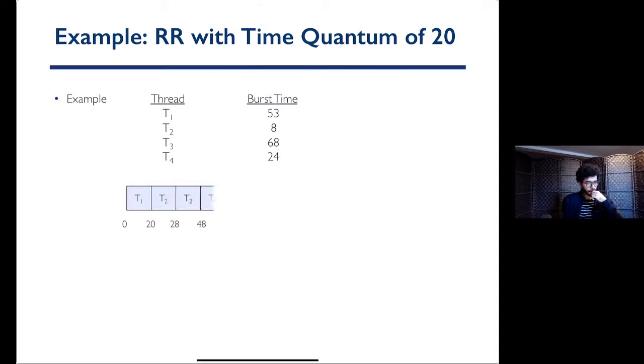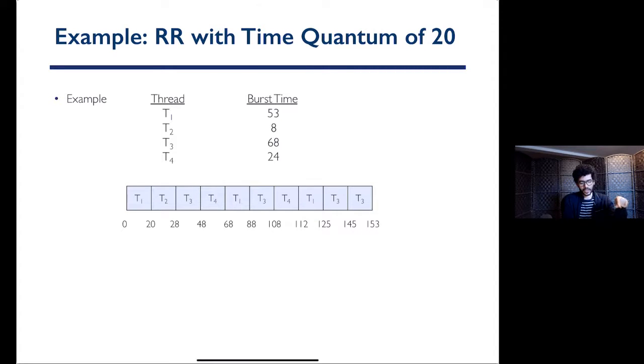Now, this figure is misleading, so please don't be misled. The fact that I have similar length for these doesn't mean that they're similar. In fact, this is from 0 to 20, and this is from 20 to 28.